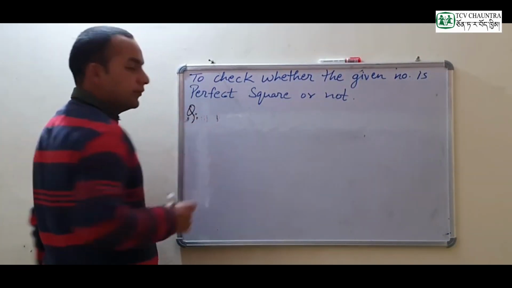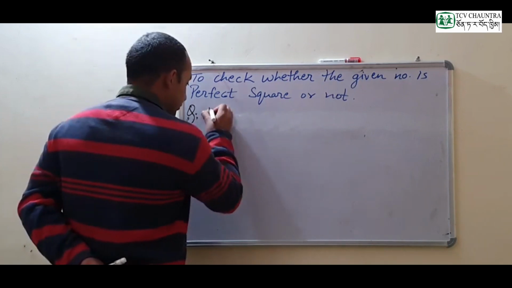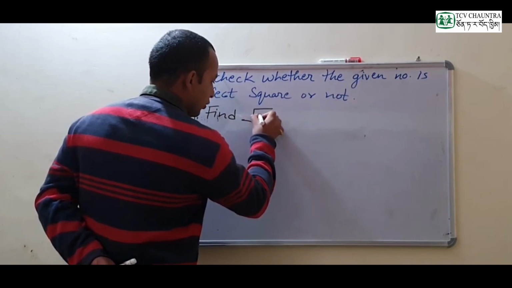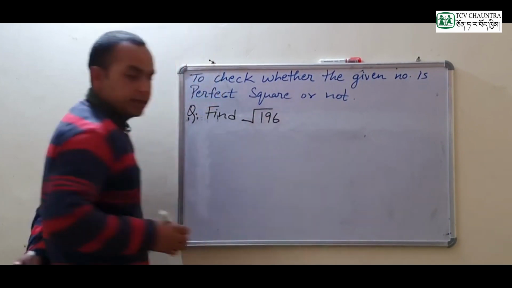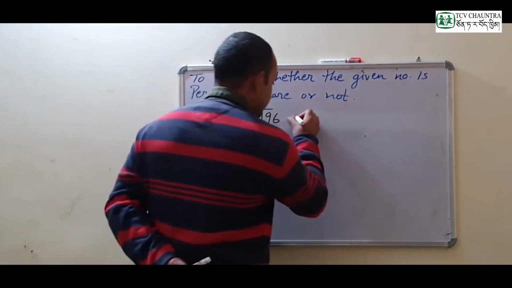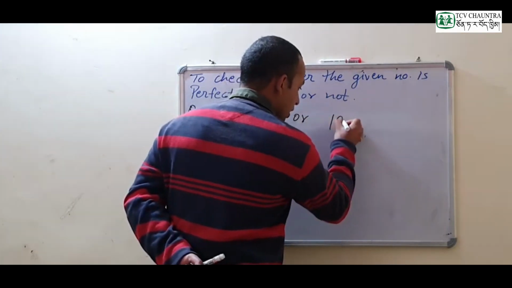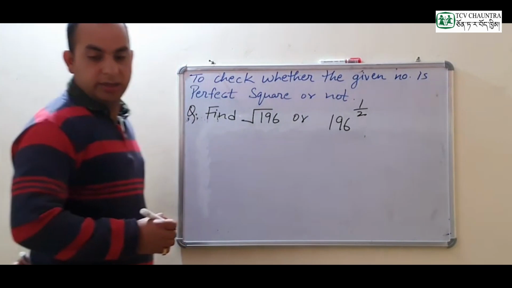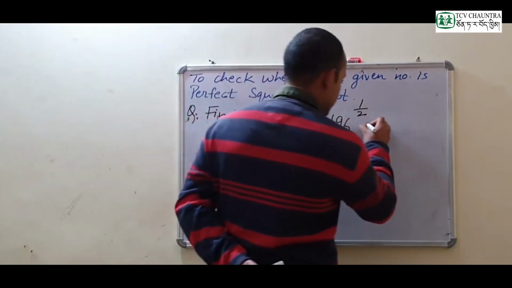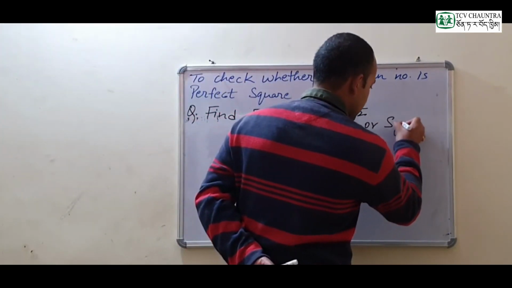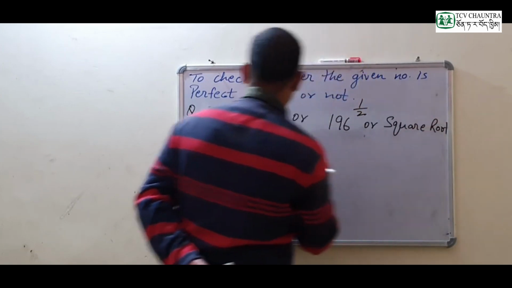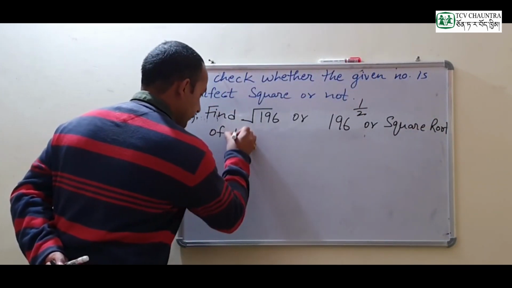First of all, if I give you a number, suppose find the square root of 196, or you can say 196 raised to the power 1 by 2, or square root of 196.